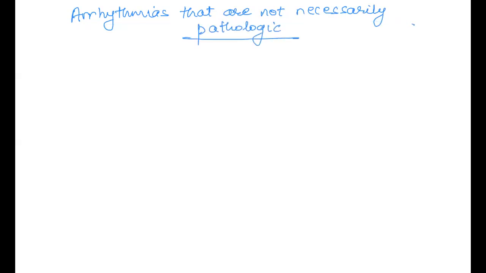The heart has a typical sound and a typical order of beating: lub, dub, lub, dub, lub, dub. Arrhythmia means lub, dub, pause, lub, dub, pause. That should not be there. If these pauses are few in number, then it's okay. But if a pause goes more than 3 seconds, that is not good. So we have to rule out which is good and which is not good.